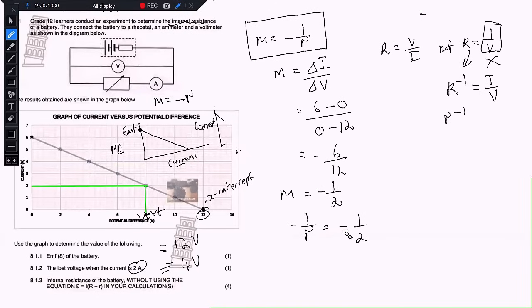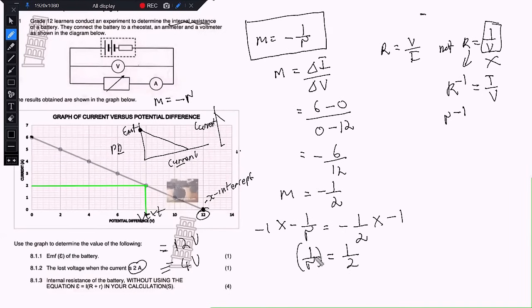Now at this point, we do understand what needs to be done. We can just divide both sides by negative half, or maybe let's multiply both sides by negative 1, and then this is 1 over r is equal to 1 over 2.